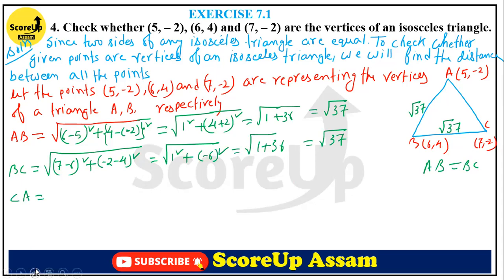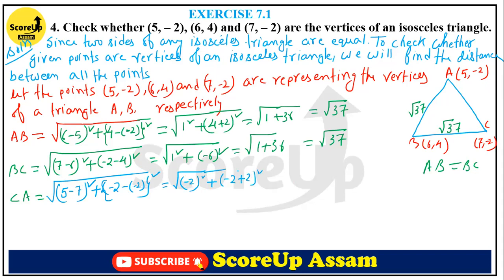Here x1, y1 is C and x2, y2 is A. So 5 minus 7, or if you write 7 minus 5, no problem, whole square, plus minus 2 minus (minus 2), whole square. 5 minus 7 is minus 2, whole square, and minus 2 plus 2 is 0. So ultimately it is root over 4, that means ultimately 2.